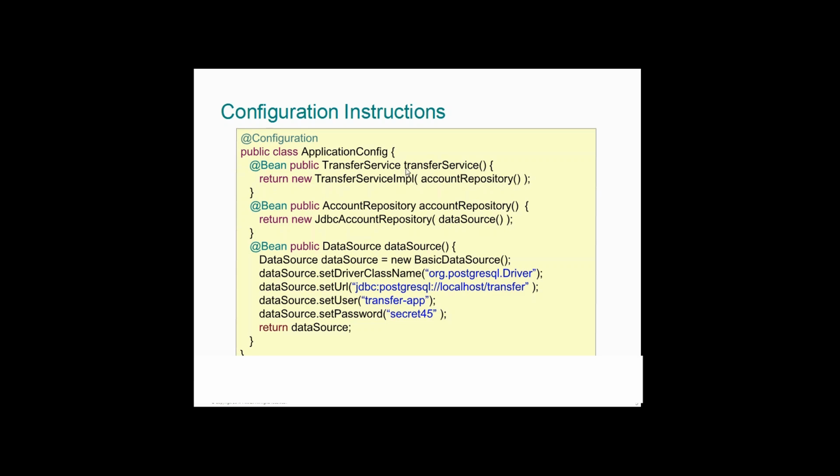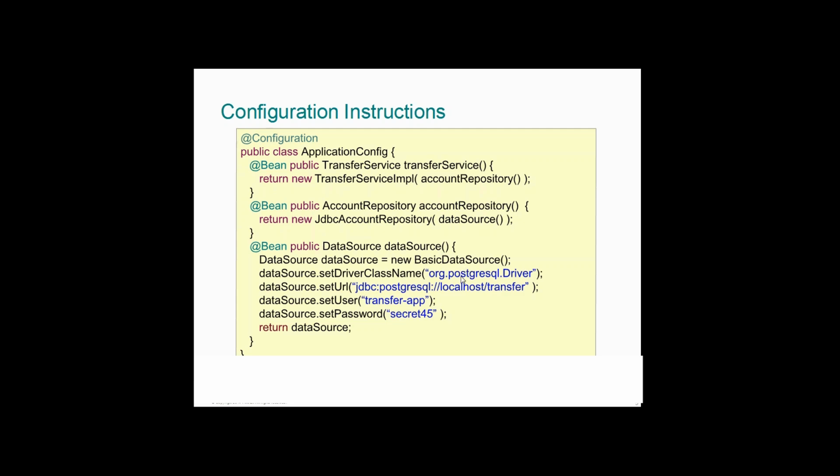The method name will become the bean name or bean ID. Here, transfer service will become the ID for this transfer service object, account repository will become the ID for the JDBC account repository object, and data source will be the ID of this basic data source object. So that's how the ID gets created automatically by default. This is the default behavior.